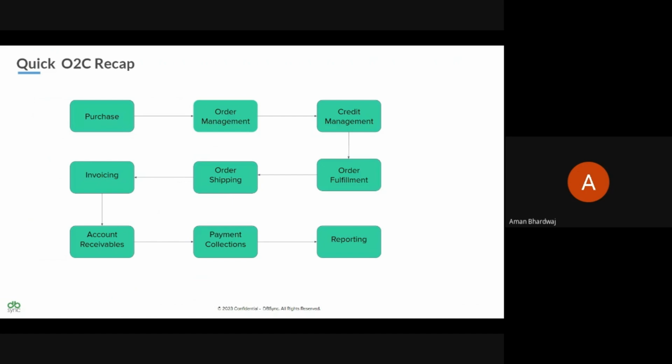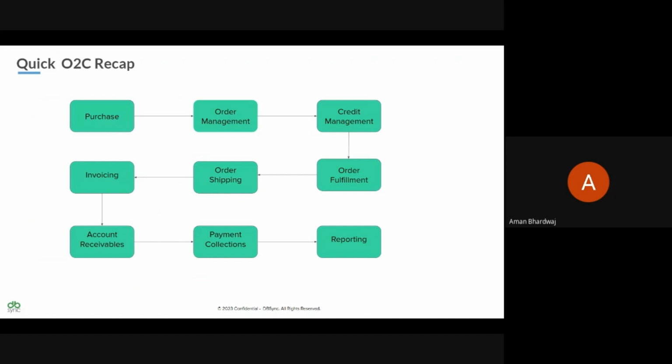So typically in the order-to-cash process, there are different stages across the whole cycle. You see the purchase phase where the customer comes in, you have sales people taking their orders and putting them through an order management system. It could be via CRM too. And even before a new order, there are multiple decisions that the sales team needs to take, which could be around, hey, do I process this order?